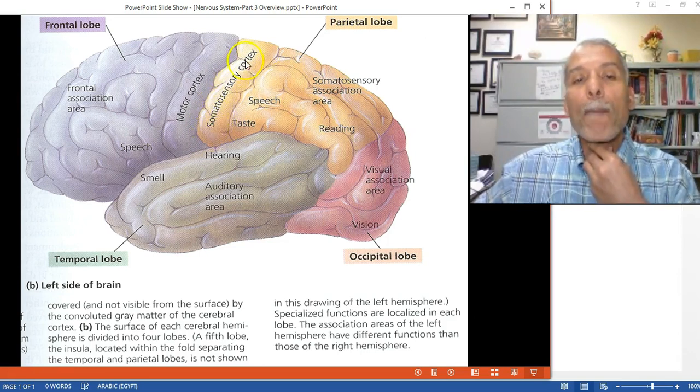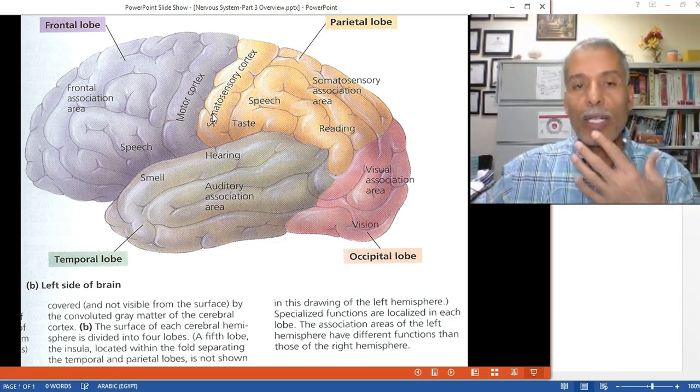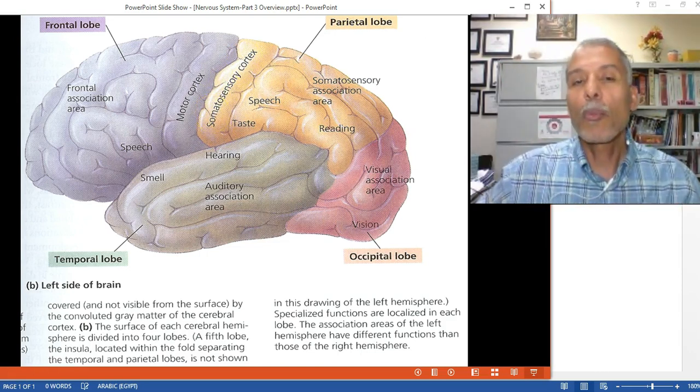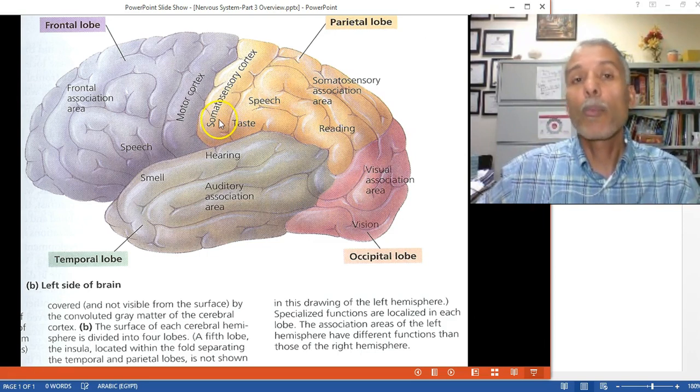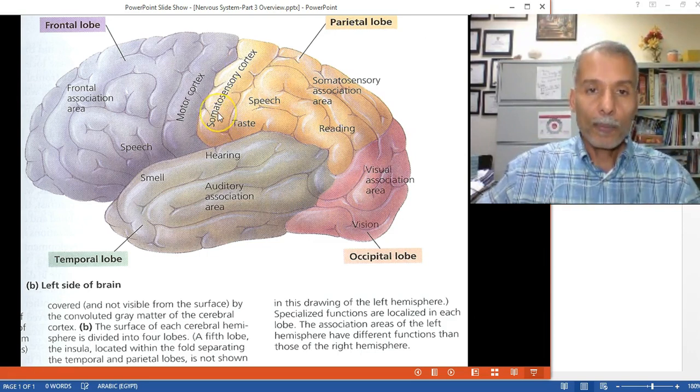So that is a map of your sensory mechanisms inside of your body, and it connects with all parts of your body.